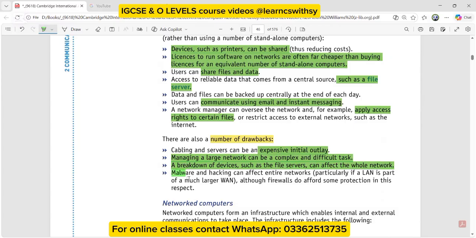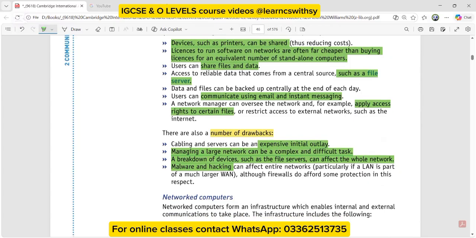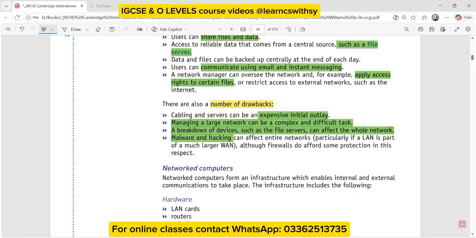Last but not the least is malware and hacking, which we are always afraid of. So mainly it is expensive. Managing the network is going to be complex and difficult. And then the breakdown of the devices, like the servers, is going to be problematic. And lastly, there is the problem of malware and hacking. So I hope that there is no question before I proceed to something else.